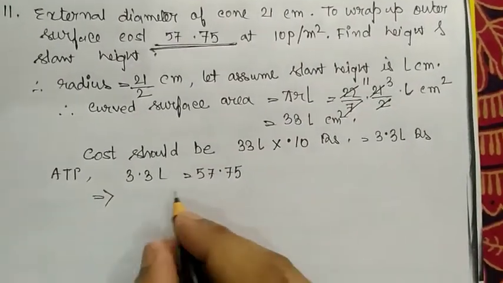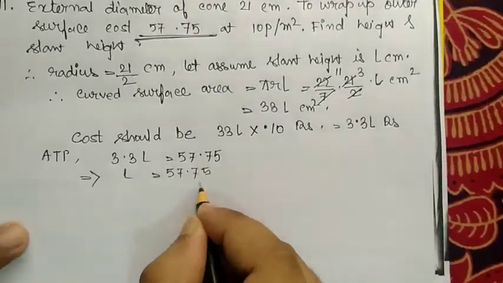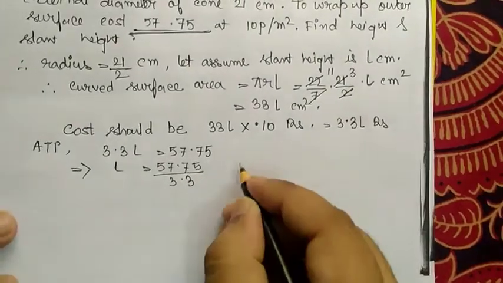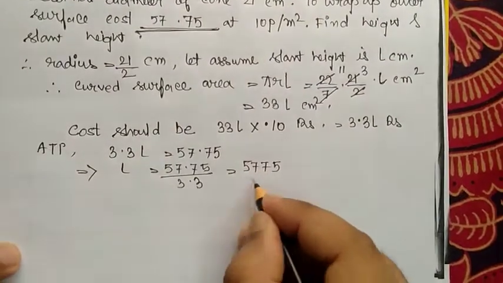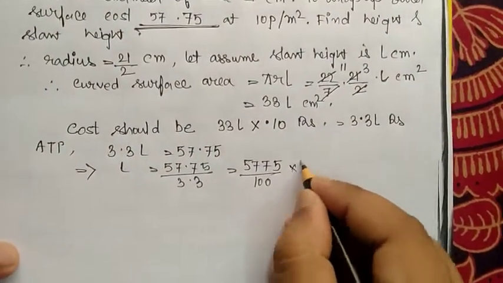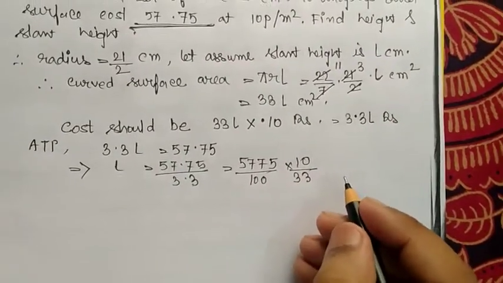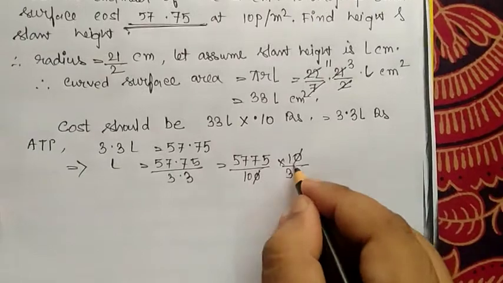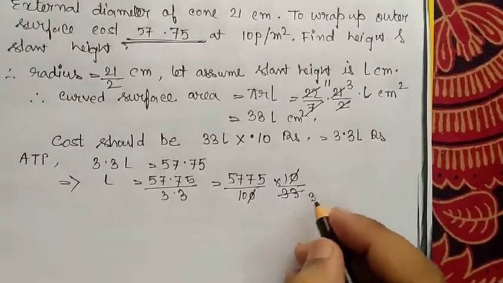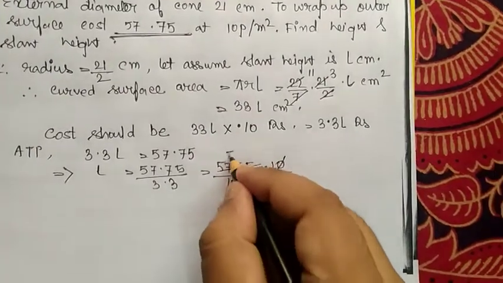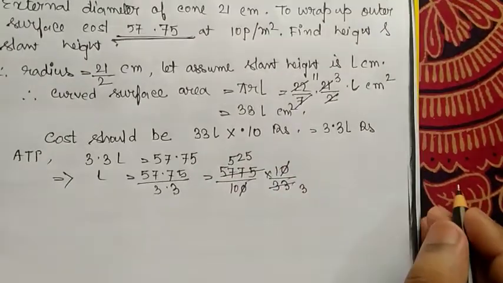So we can say that L equals 57.75 by 3.3, which can be written as 57.75 by 100 into 10 by 33. First it should be divided by 11. 11 into 33, 3; 11 into 5775, 525.